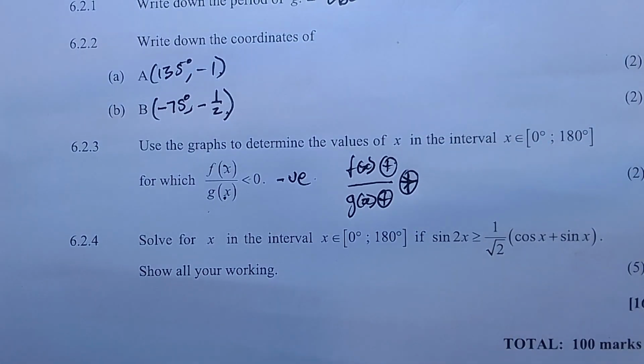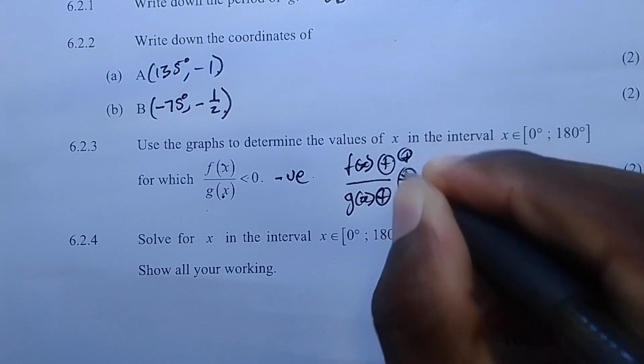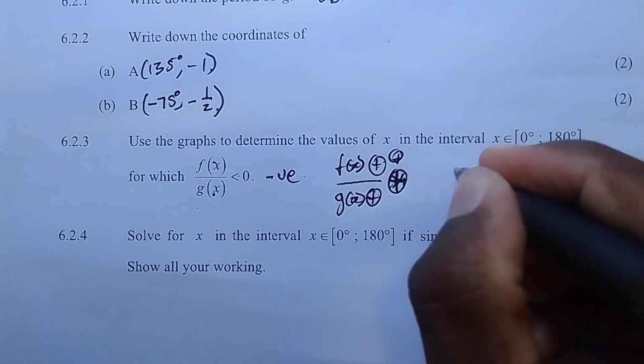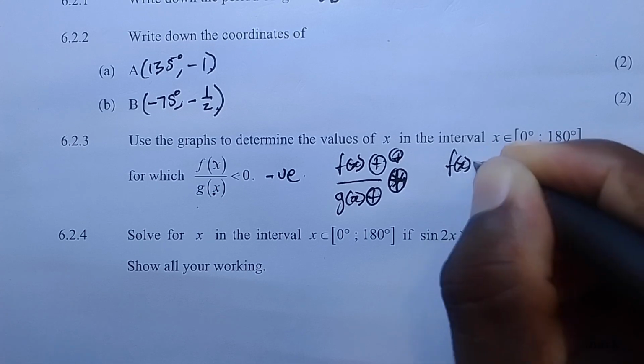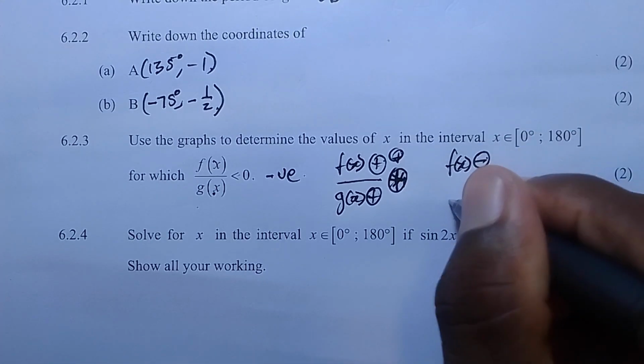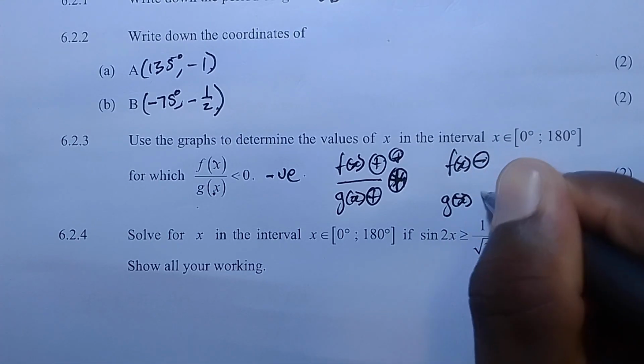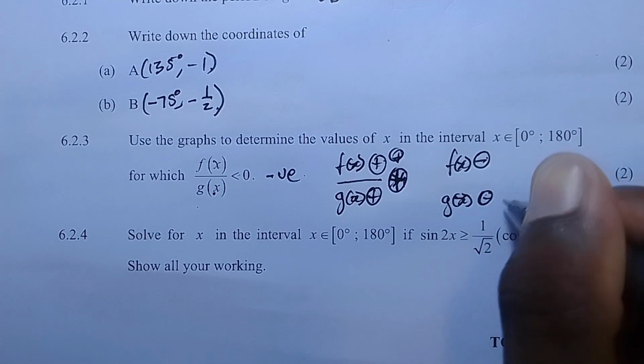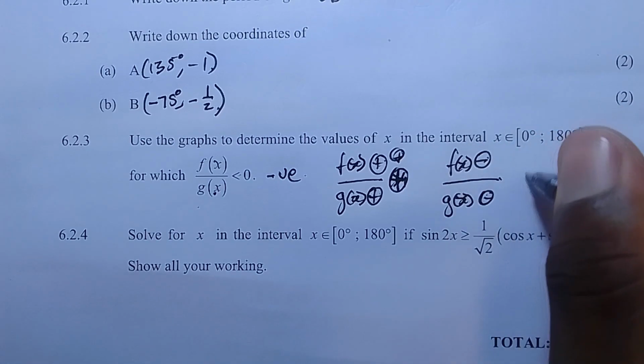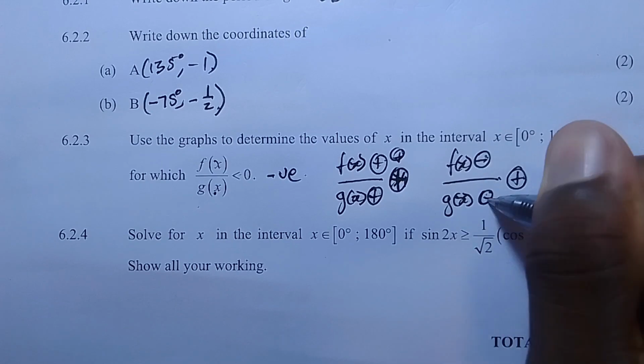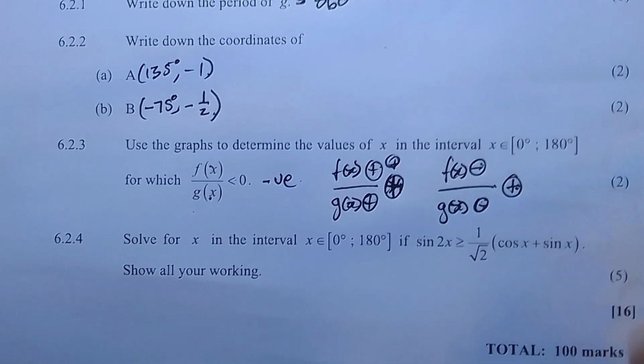Do we agree? This will be positive. If we have f of x as negative and g of x also negative, this answer will also give us something that is positive, because a negative divided by a negative gives a positive.